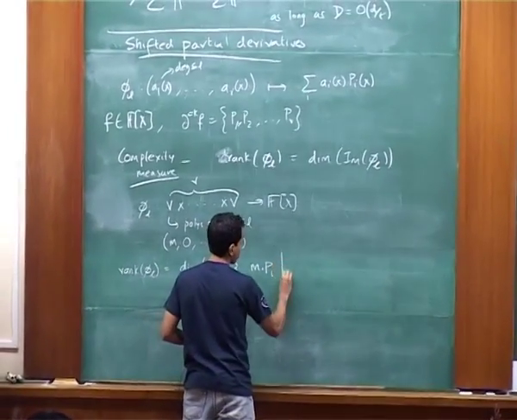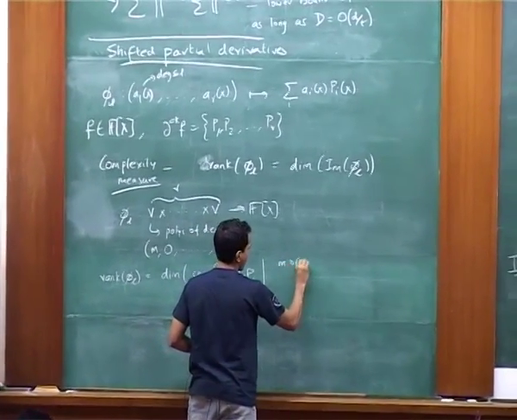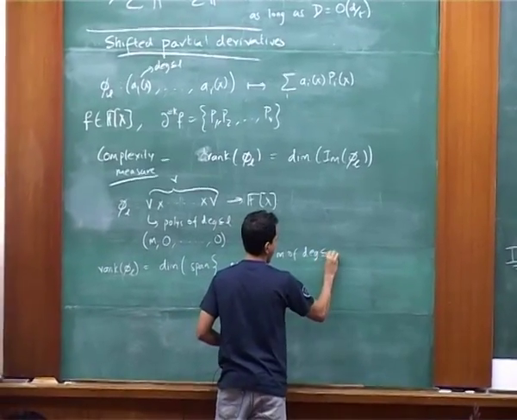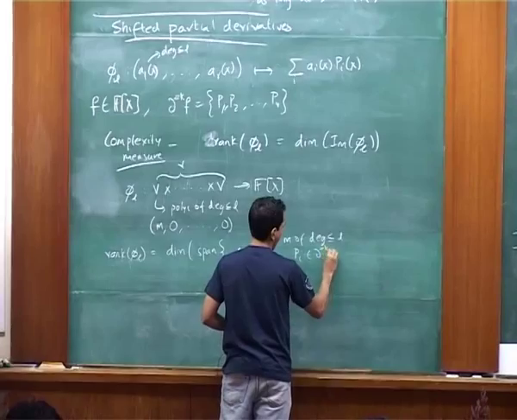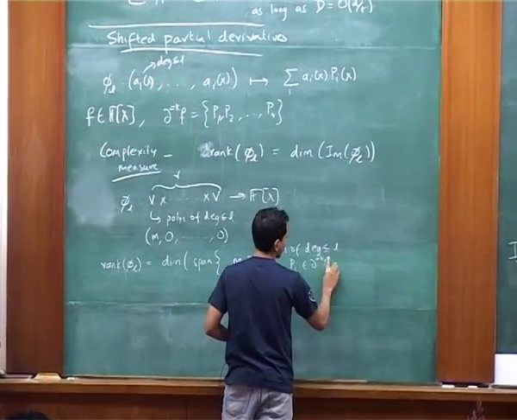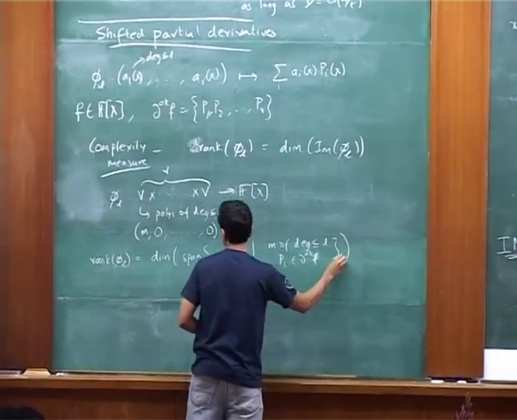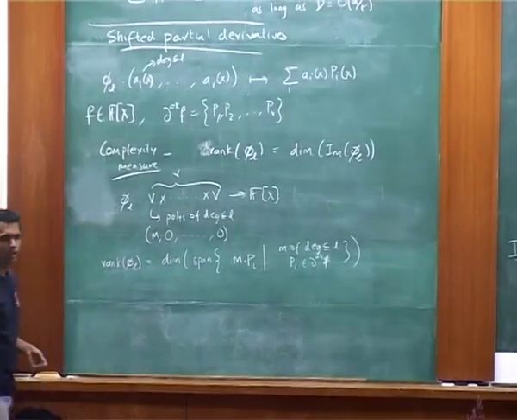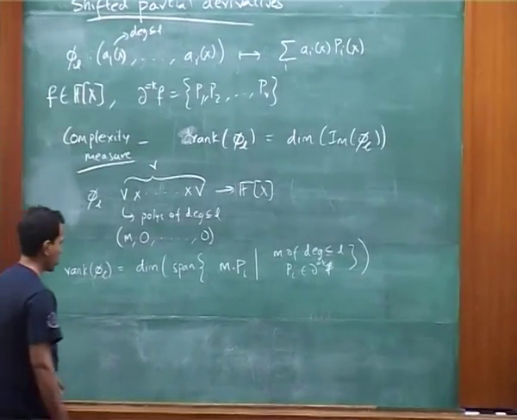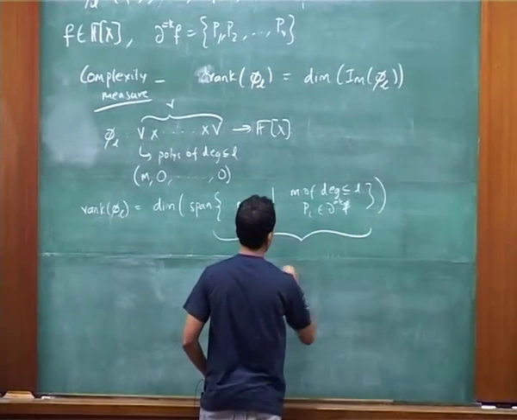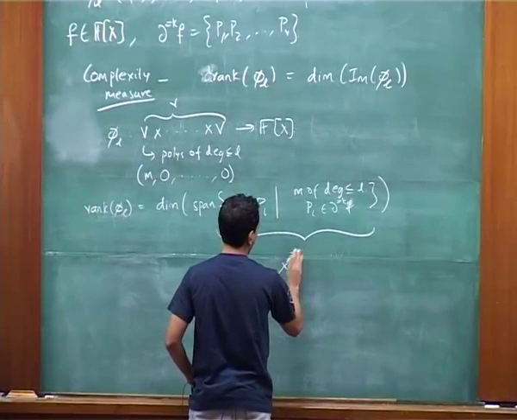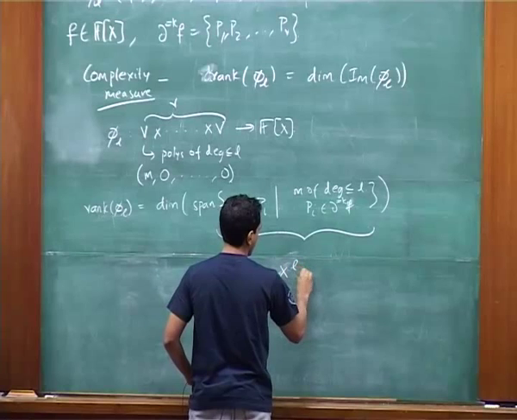So in general, this is going to be of degree at most L, okay, right? And this is exactly what Ankit called the set XL.